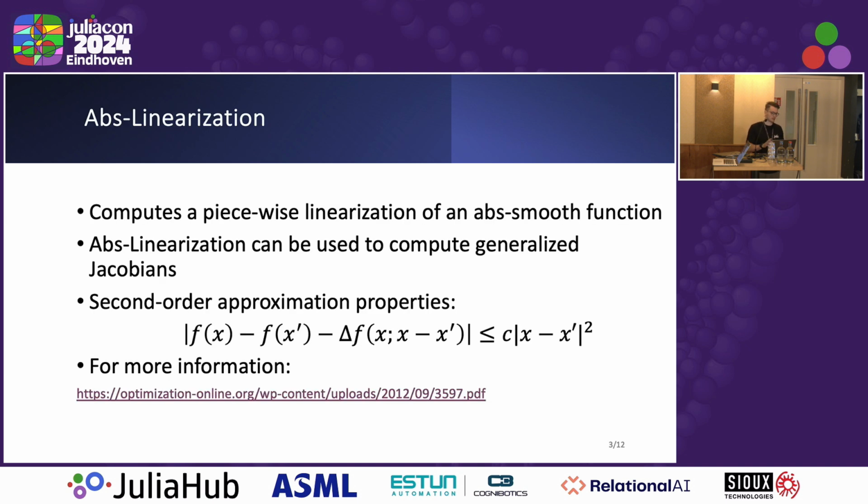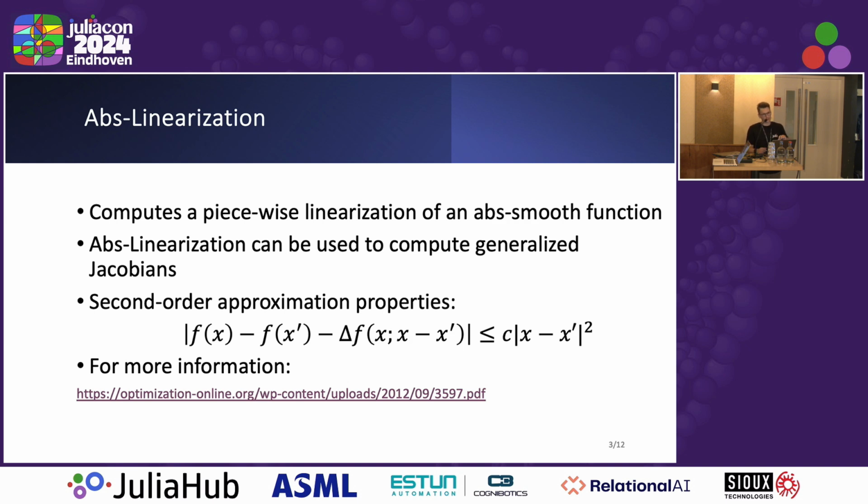The ABS linearization is basically a possibility to compute a piecewise linearization of a non-smooth function where the non-smoothness comes from an absolute value function. With an ABS linearization, you can compute certain generalized gradients or Jacobians and use them in Newton steps, for example.